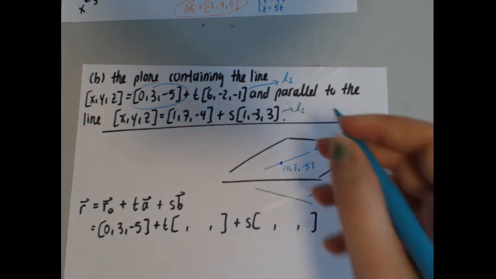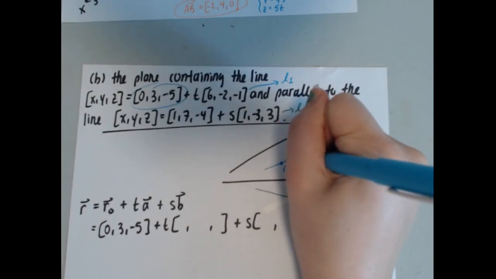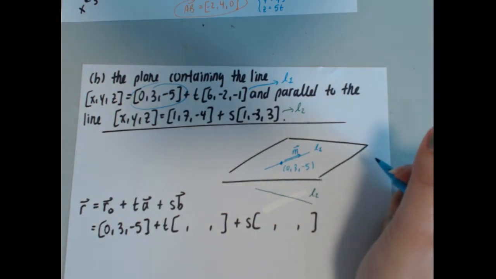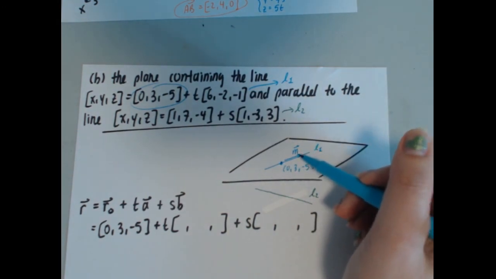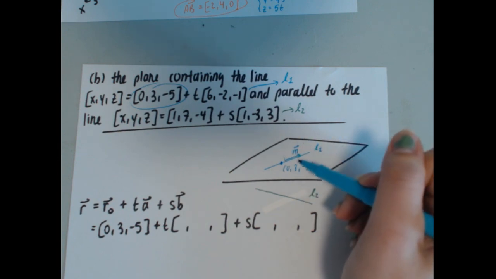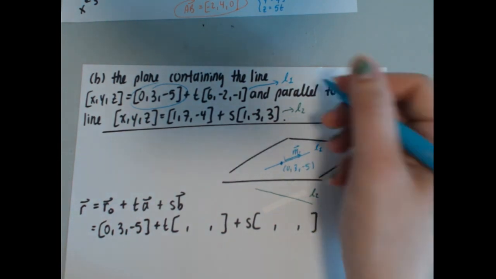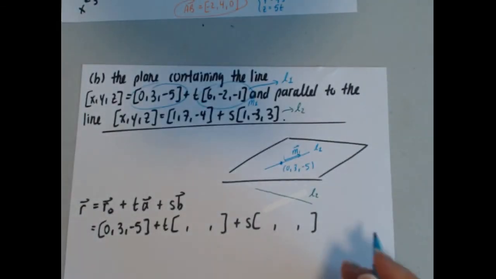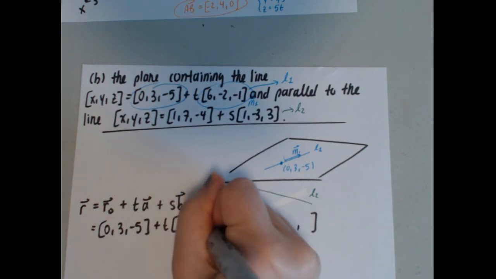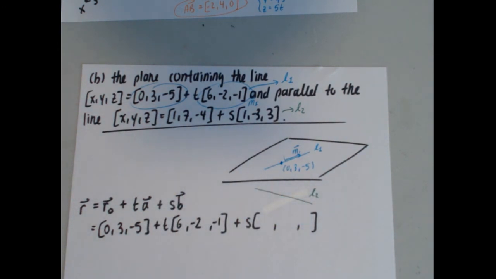The direction vector for L1 might be going in this direction, it might be going in the opposite direction, but it is on the plane, so I can use that as one of the vectors to span the plane. I can call that M1. So then I have (6, -2, -1) plugged in here.